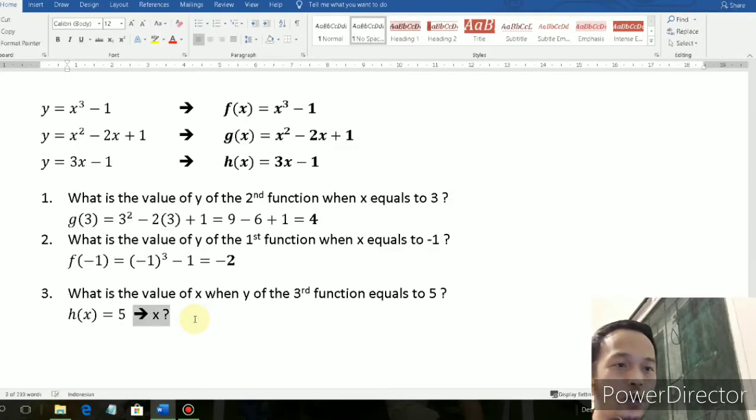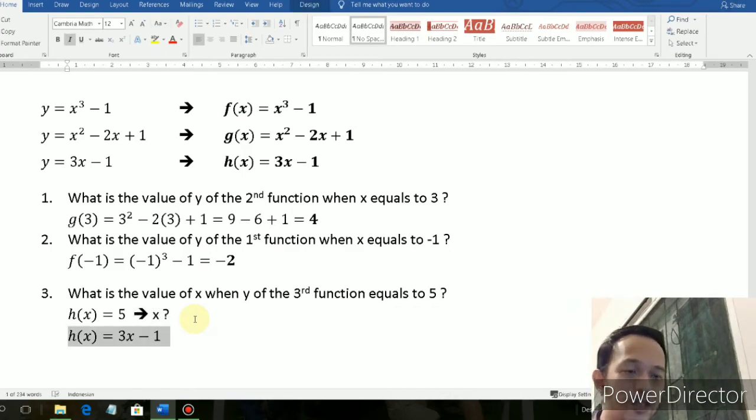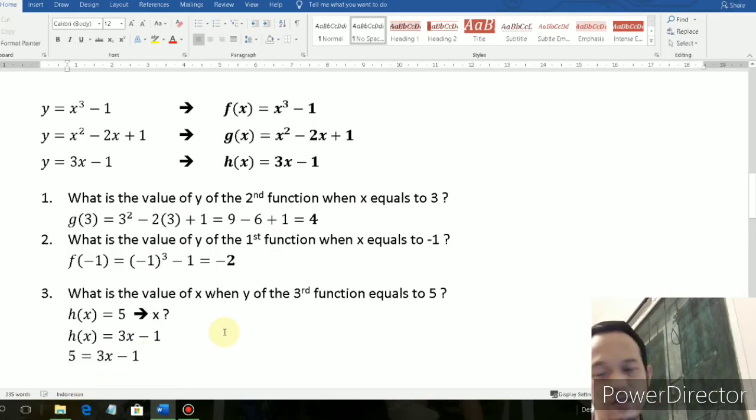You have to find x. Since h of x equals 3x minus 1, when h of x equals 5, it means 5 equals 3x minus 1. And by simple arithmetic, you will find that the value of x equals 2.